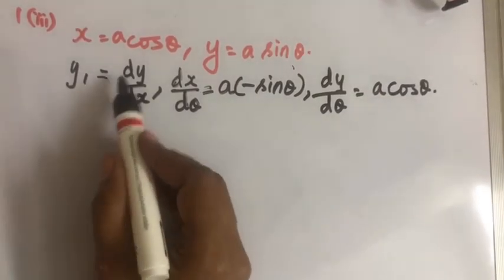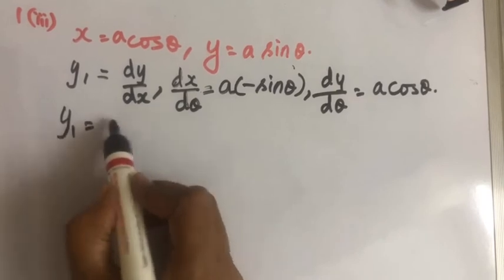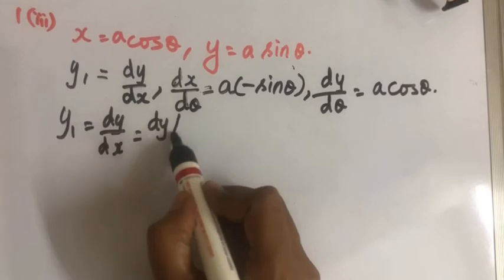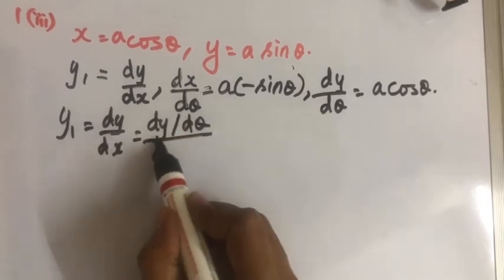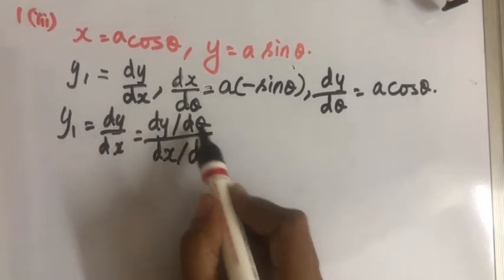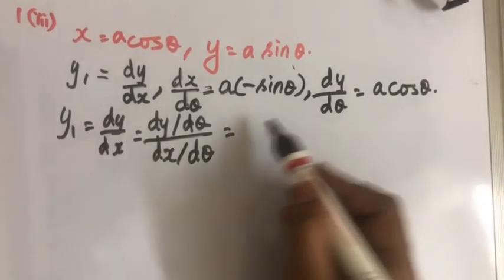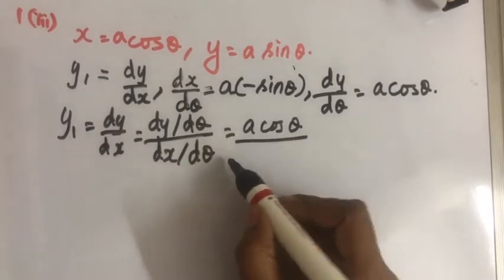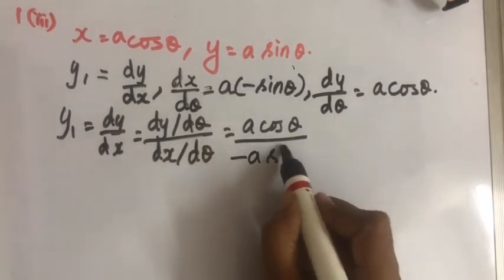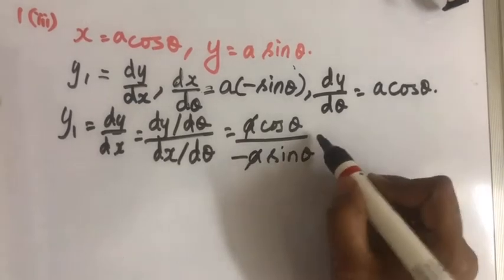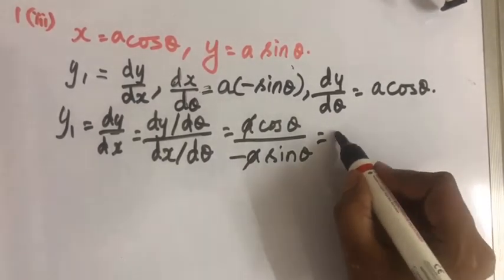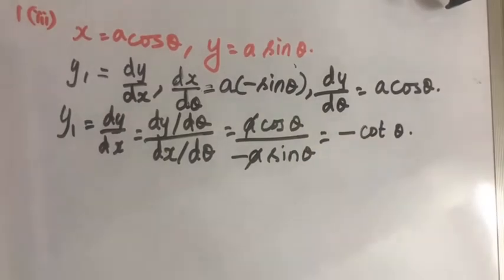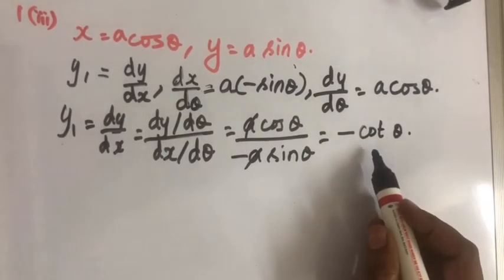Okay, so to find dy by dx, we need to find dy by d theta divided by dx by d theta with respect to theta. What is dy by d theta? It is a cos theta. What is dx by d theta? It is minus a sin theta. So a and a will get cancelled. This is equal to minus cos by sin, minus cot theta. Okay. So y1 is minus cot theta.